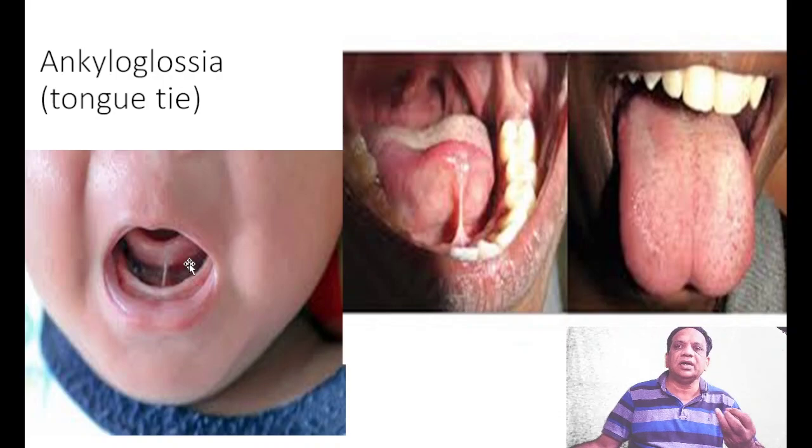So he may not pronounce certain words properly. So the remedy is to surgically set this right, which is a minor surgery. So ankyloglossia or tongue tie is a defect with the frenulum.